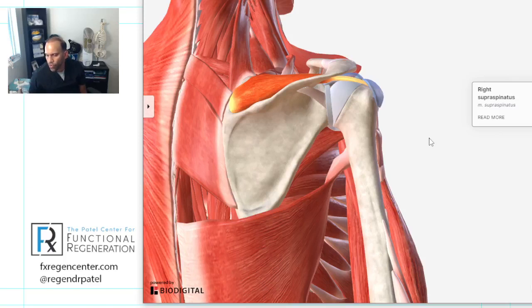So overall, generally speaking, we want to avoid any pushing exercises and move more towards pulling exercises. So overhead press, pushing, bench press, that also affects the anterior delts, right? We should try to avoid those initially and move more towards pull downs, right?